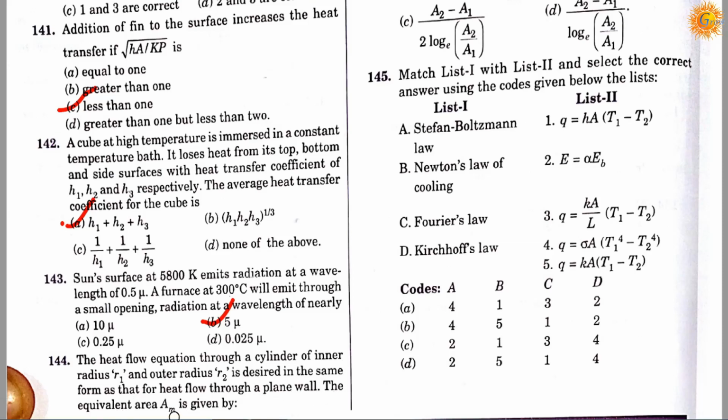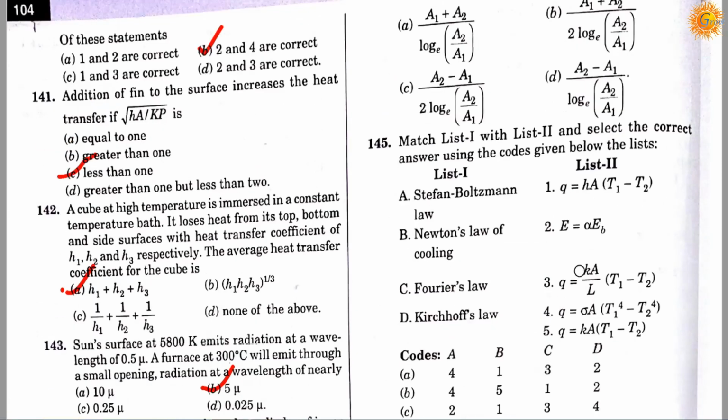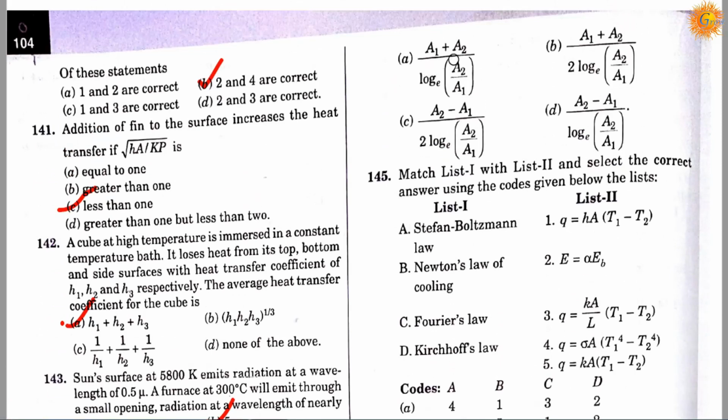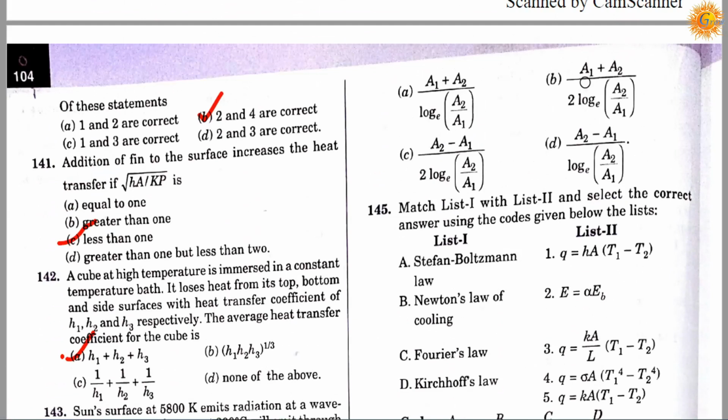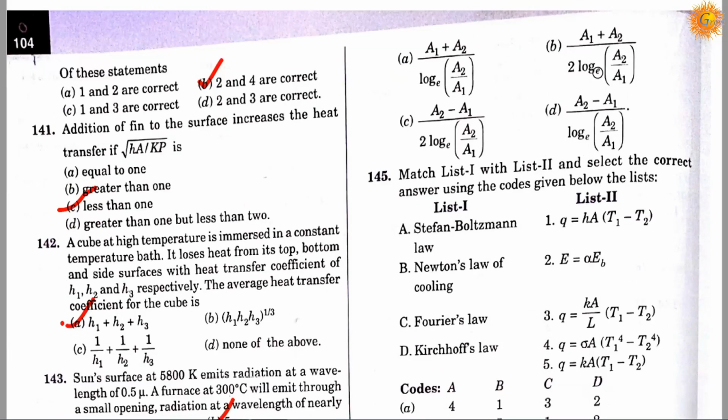The equivalent area Am is given by option A, A1 plus A2 divided by log e (A2 divided by A1), option B, A1 plus A2 divided by 2 log e (A2 divided by A1), option C, A2 minus A1 divided by 2 log e (A2 divided by A1), and option D, A2 minus A1 divided by log e (A2 divided by A1). The correct answer is D, it will be A2 minus A1 divided by log e (A2 divided by A1).